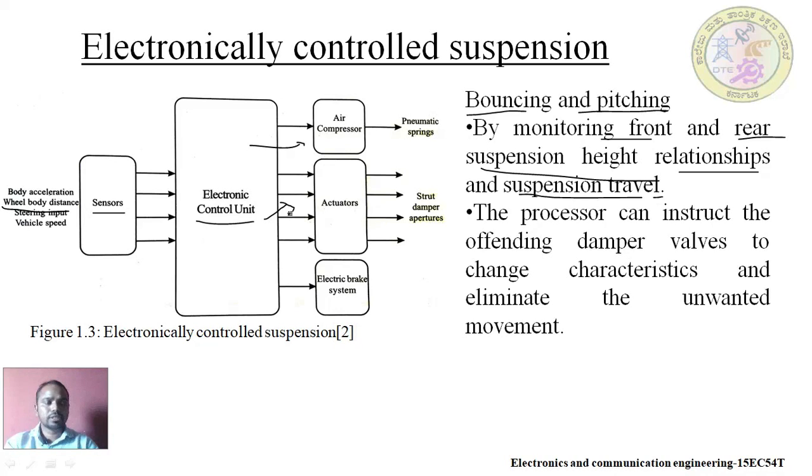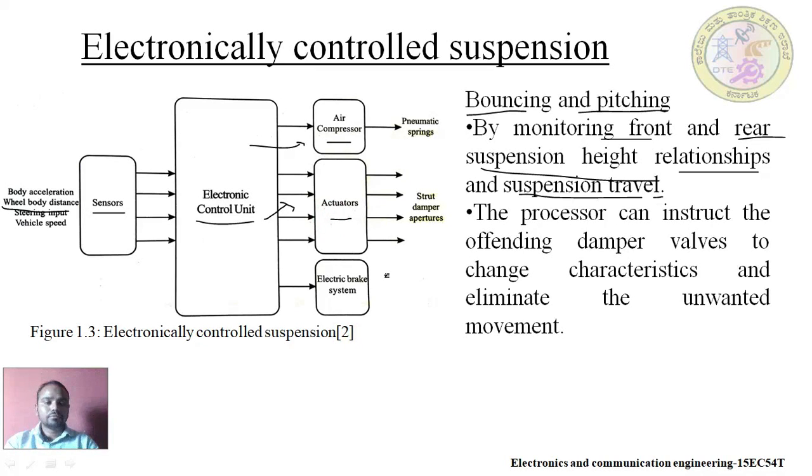Dear students, the electronically controlled system helps in all the conditions, be it cornering, hard braking, or bouncing and pitching. Once the ECU collects all the information, it processes it and controls all the output devices, be it an air compressor or actuator.